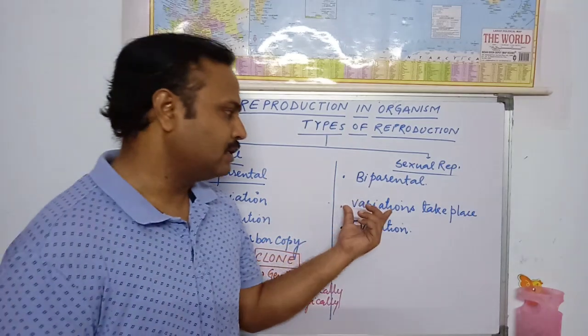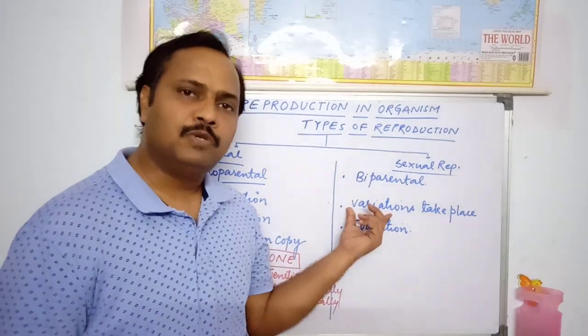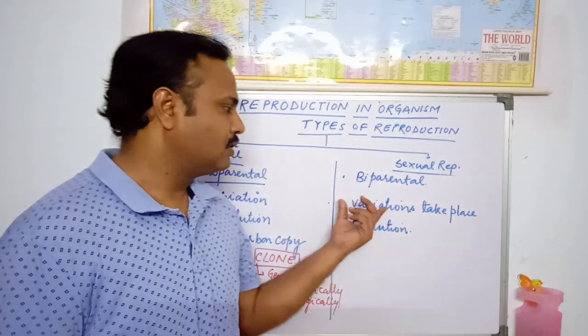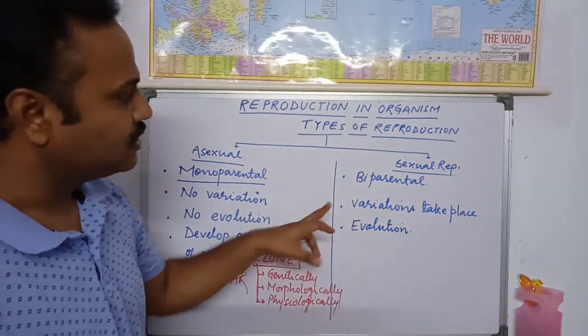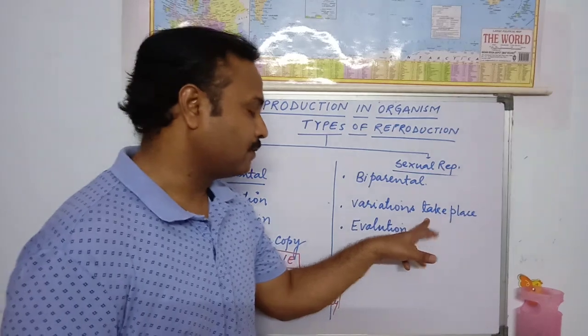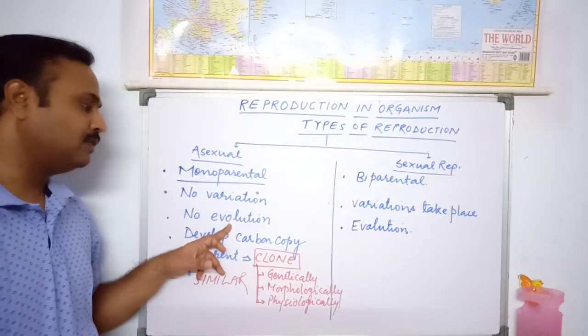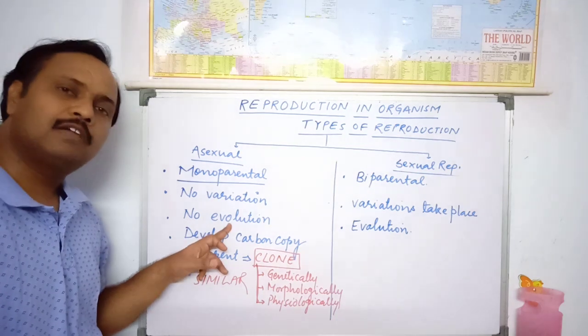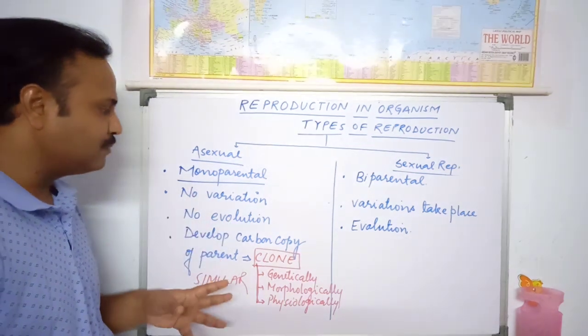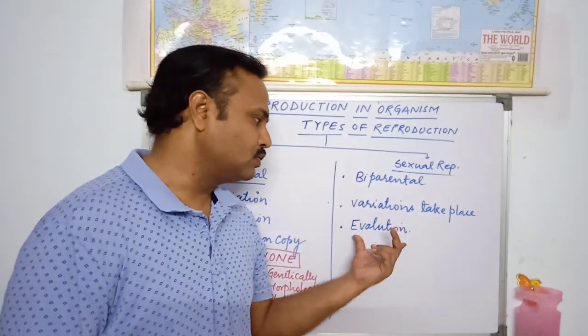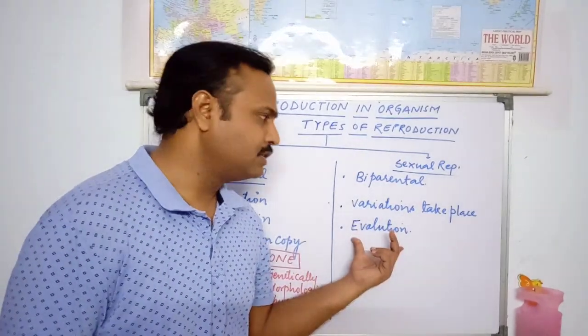Here at the time of gamete formation, meiosis takes place, so genetic material gets exchanged, crossing over takes place, so variations occur. No variation means no evolution. The species will never evolve, with less adaptation, while here variations take place, so obviously evolution takes place.